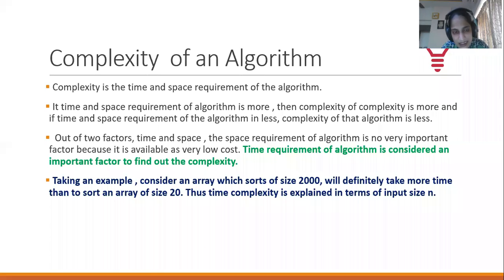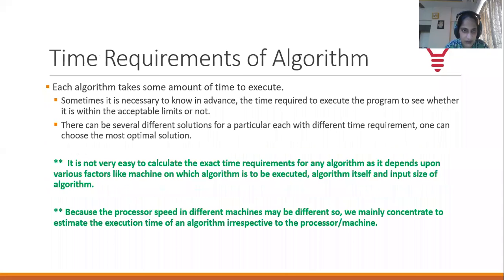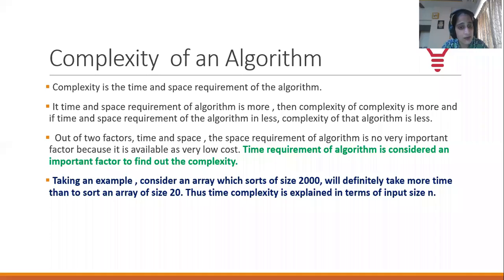There is an example given. Consider an array: sorting an array of size 2000 will definitely take more time than sorting an array of size 20. Thus time complexity is explained in terms of input size n. Students, as we have seen here, it will not be very easy to understand how much time the algorithm is going to take, because it depends on multiple things, like which machine it is going to work on and what the input size is.